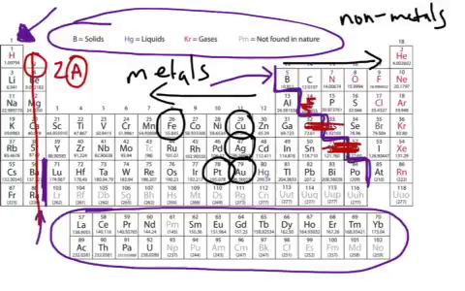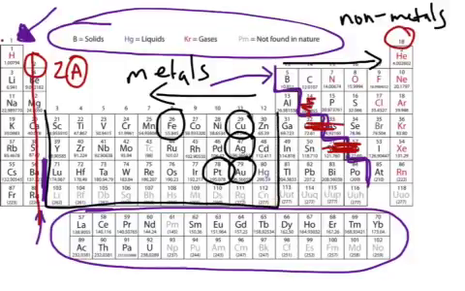This periodic table has a different kind of numbering, from 1 to 18. Typically, these metals right here are called transition metals, and we really won't be using those very often in chemistry. A lot of times they'll be given a B designation versus the A designation that we'll be using.